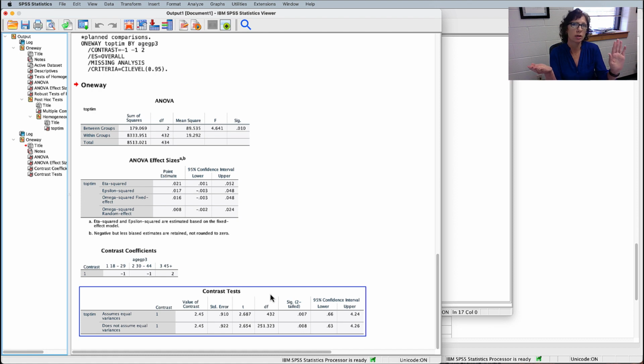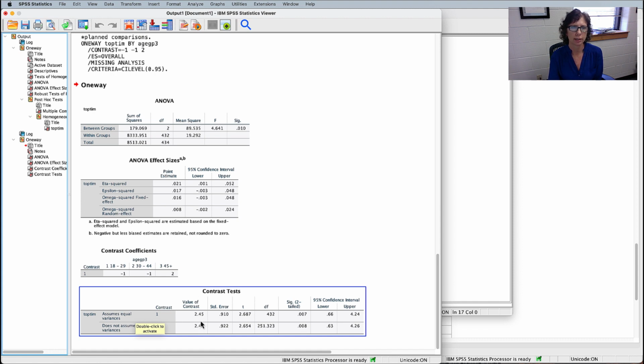And that was our plan from the get-go. We're going to use this top row because we're assuming equal variances. Why? Because we know that the homogeneity of variance test, Levene's test, was non-significant. So we can assume equal variances between those 3 age groups.